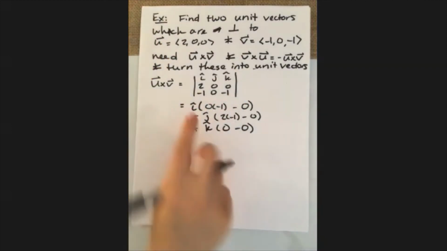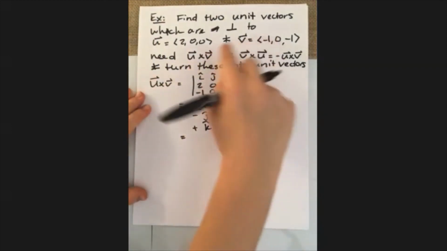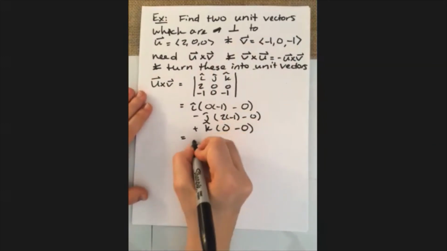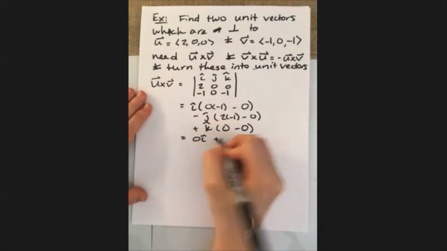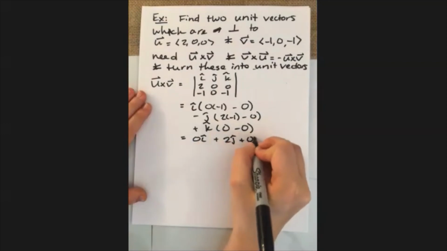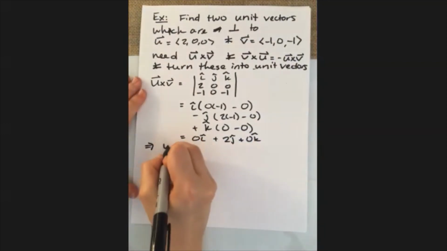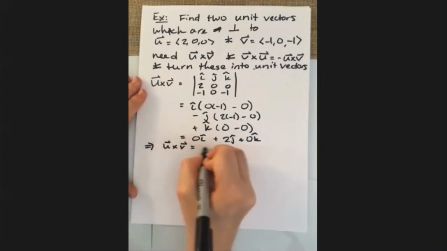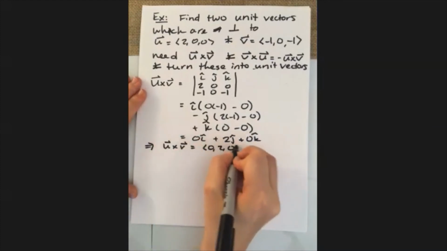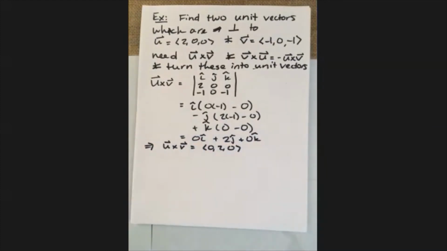So that particular perpendicular vector is going to be 0 i hat plus 2 j hat plus 0 k hat. Okay, so what that means then is u cross v is equal to 0, 2, 0. All right, so that's our first one.